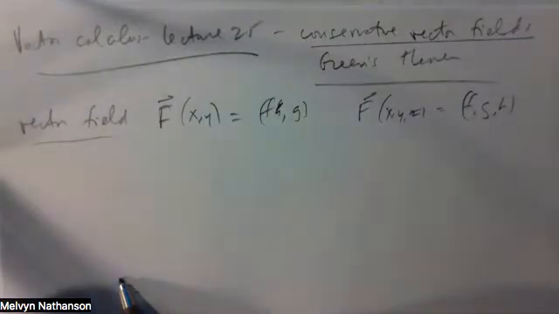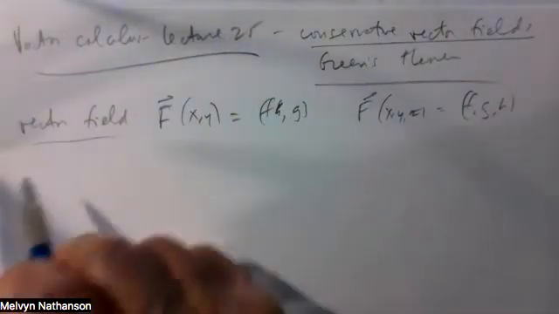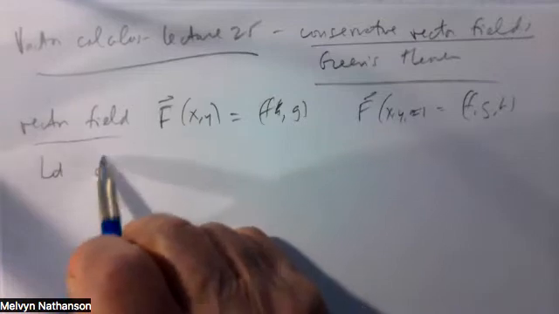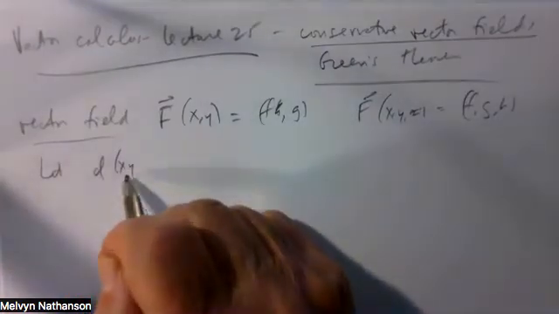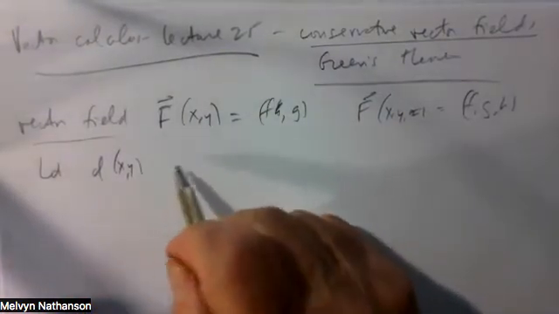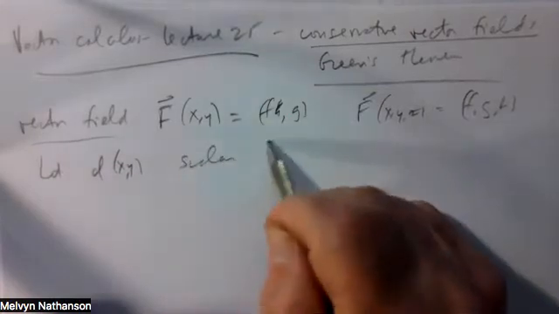And we know one way to get a vector field. So suppose that phi, let's say we're working in 2 dimensions, phi of x, y is some scalar function.